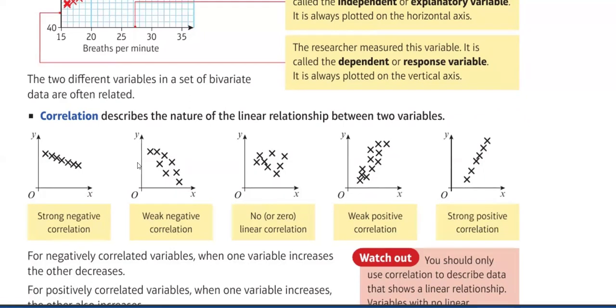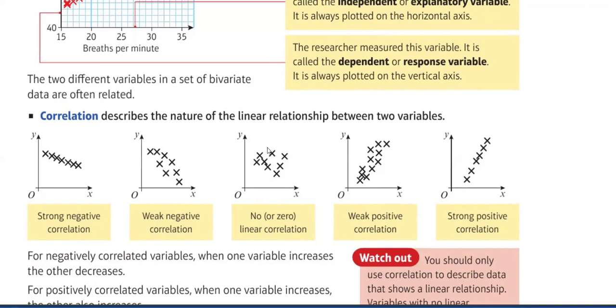The second graph has negative correlation, but not clear. Therefore, weak negative correlation. The fourth graph, positive correlation: y values increase with x values, but not clearly. Therefore, we call it weak positive correlation.